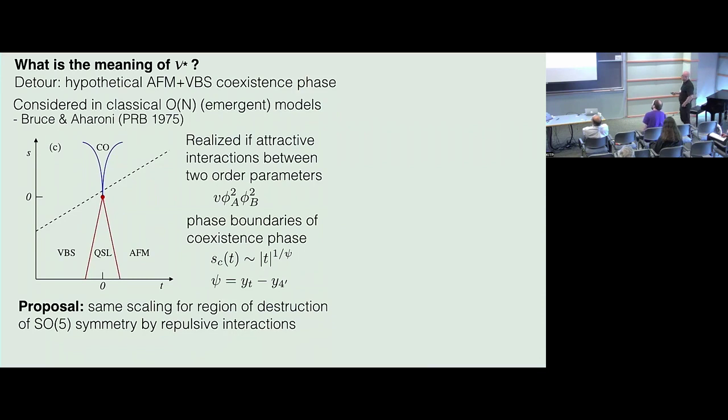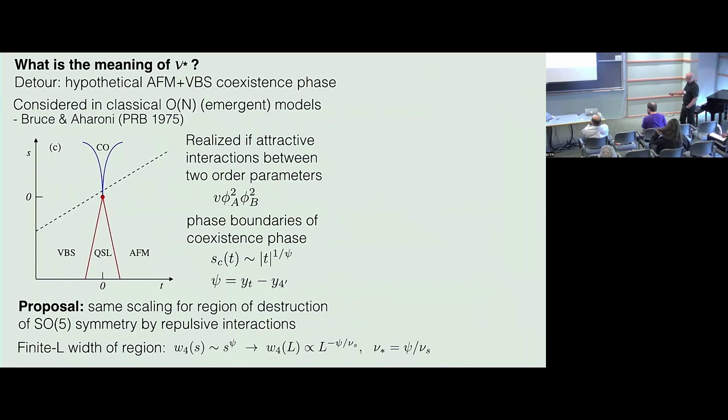Okay? So then we just take this and translate it to finite size scaling by saying, okay, this kind of region, which is now not a phase, but a region, has some width. And then that width, if you go to s equals 0, translates as a finite size width.